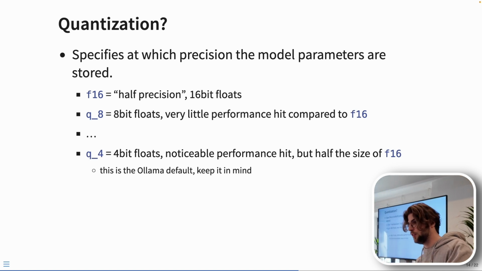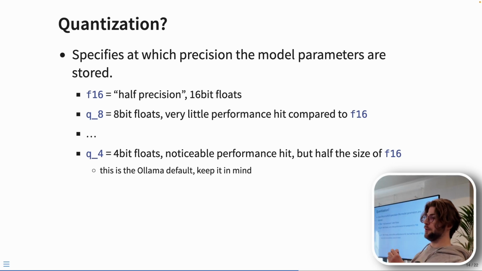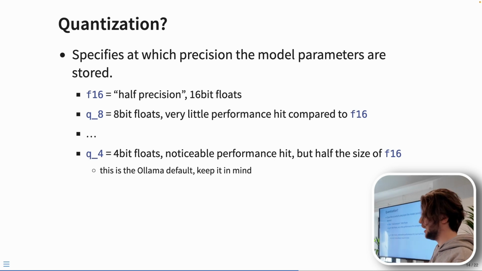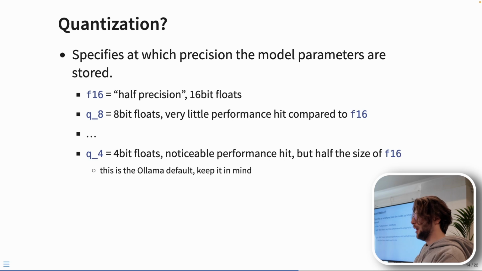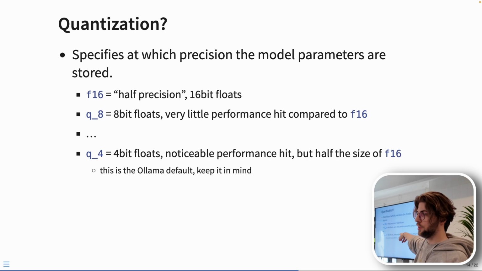Q8, so quantized to 8-bit. This means that you cut off the last 8 digits. And it sounds so stupid because you literally just truncate digits from it, but you can cut the model size immensely without any big impacts on performance. And once people figured this out, all models started shrinking at insane speeds, because all of a sudden you can just take a big model, 70 billion parameters, and quantize it down to, I don't know, Q4, which is 4-bit floats, which is usually the standard.